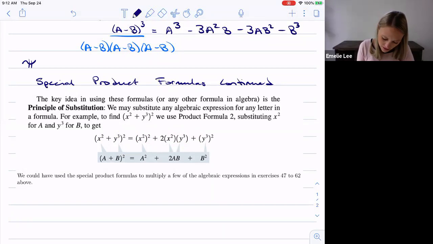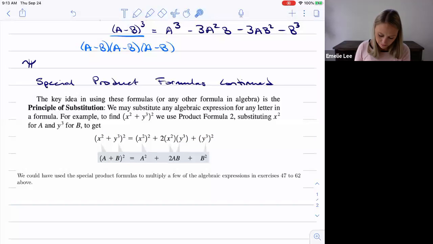So in this case, you're going to read this and say, oh, okay, I've got a square here, and I've got two terms inside. So my x squared is going to be my A, and my y to the 3 is going to be my B. Then if I use that special product formula, I can rewrite this as A squared, which is x squared squared, plus 2ab, so 2x squared y to the 3, plus b squared, which is y to the 3 squared.